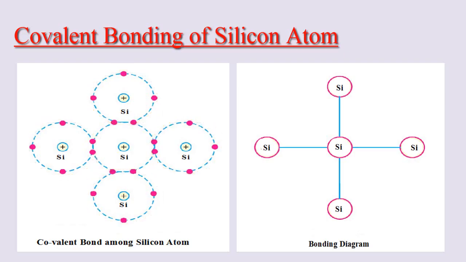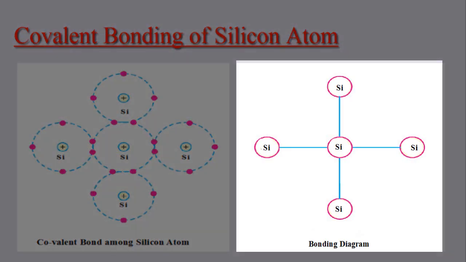Each neighboring atom shares one valence electron with the central atom. In this way, the central atom completes its last orbit by having 8 electrons revolving round the nucleus. Hence, the central atom sets up covalent bonding of silicon atoms.